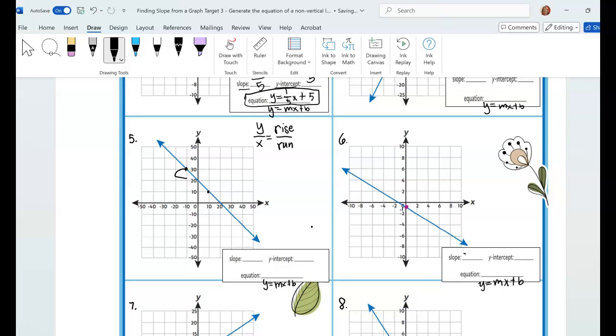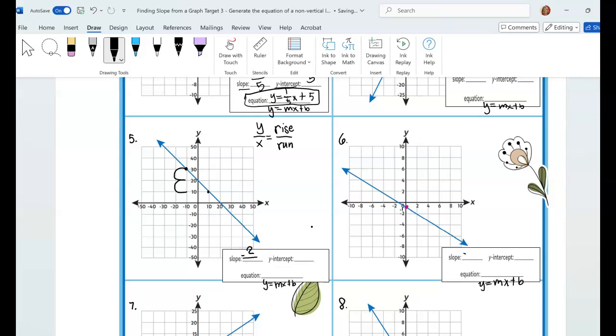See how we're going down? So that's going to be negative. And the top number is going to be 2.